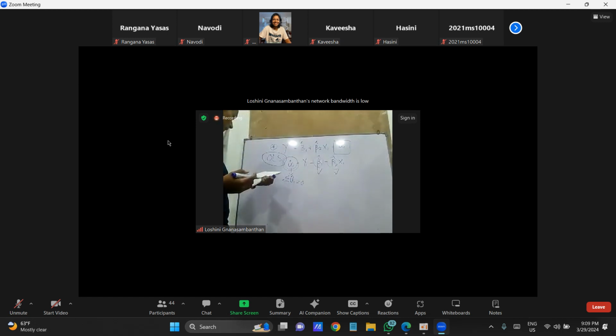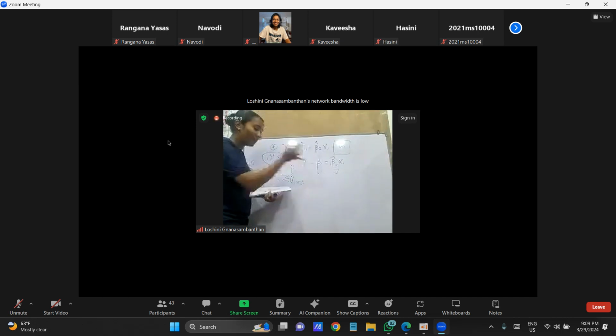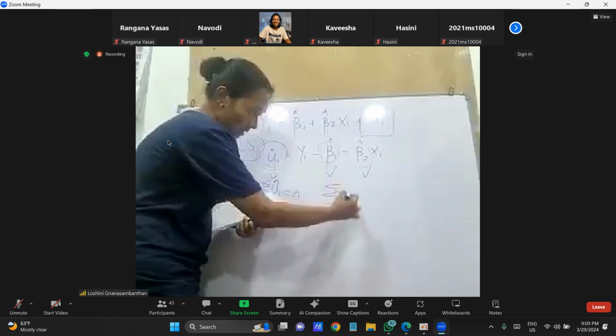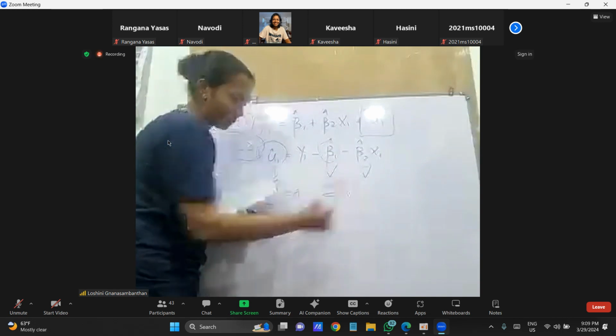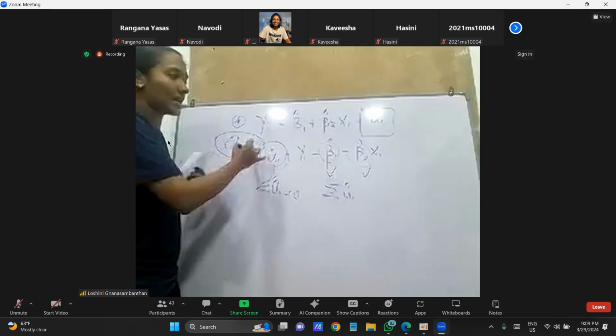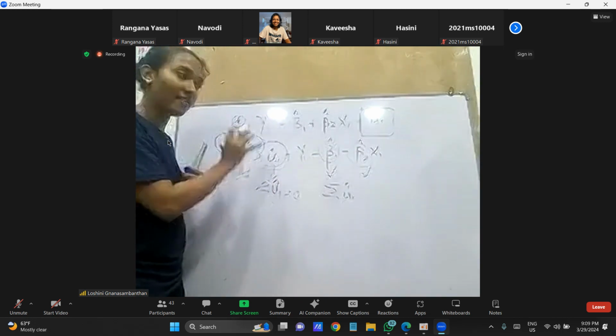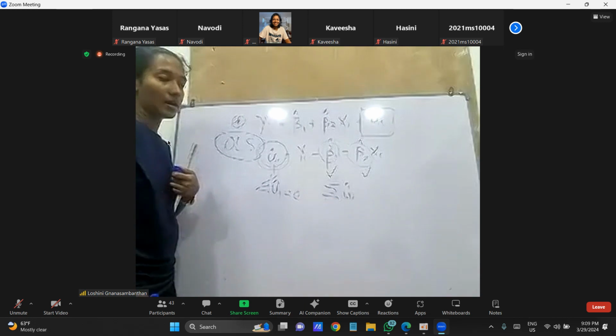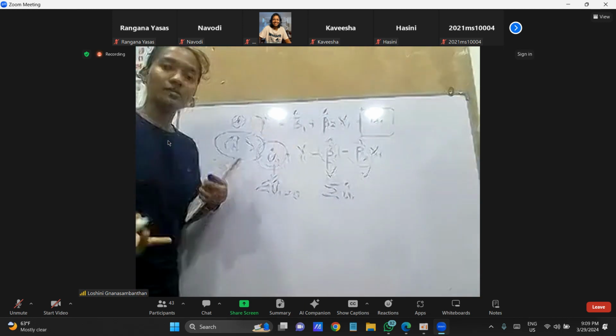Okay. So now we are going to set this equation in a way that we can reduce this sigma ui hat. So what does this mean?